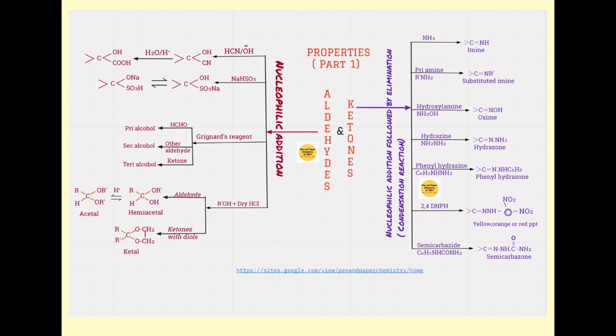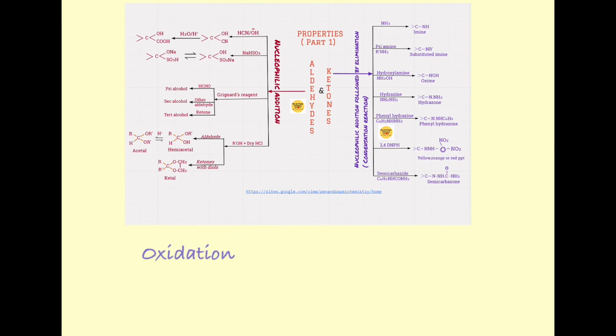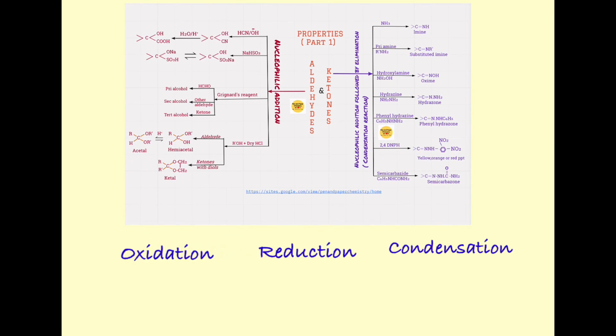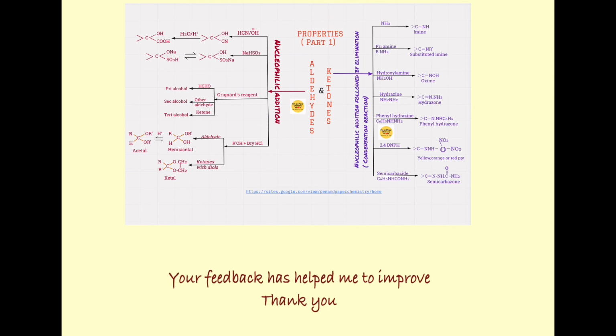But don't forget, there are more properties on their way. So we'll be talking about oxidation, reduction, polymerization. So make sure that you leave some space down in order to add more reactions and more properties of aldehydes and ketones.